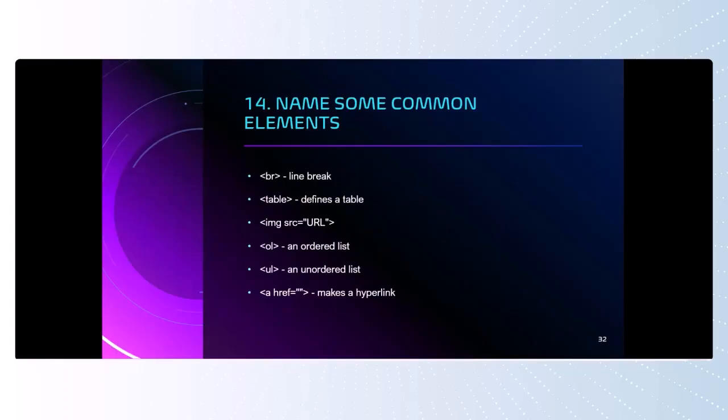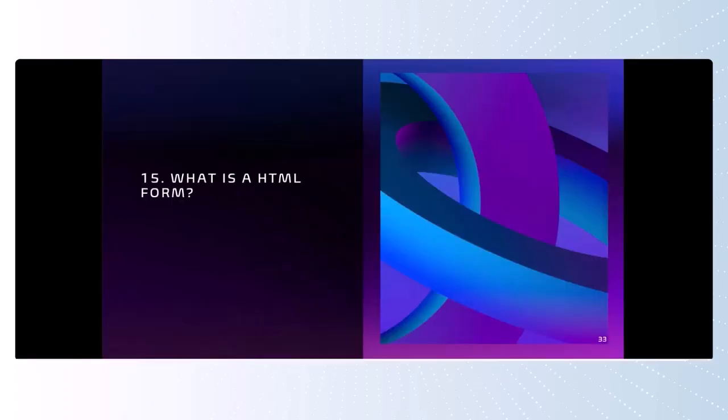You would provide the link for the hyperlink so you can navigate to other pages or other locations on the page or on the site. List item is LI. That's another one for the ordered list and unordered list.